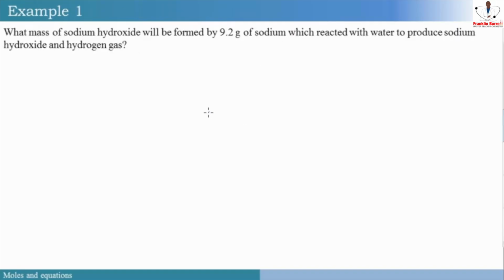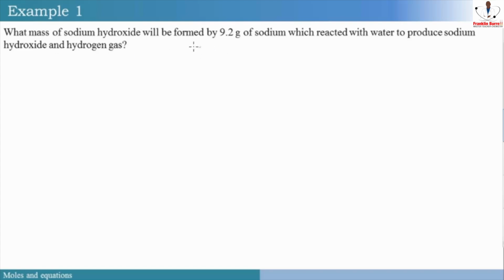Here's our first example. What mass of sodium hydroxide will be formed by 9.2 grams of sodium which reacted with water to produce sodium hydroxide and hydrogen gas? So again, let us pick out the most important things from this question.